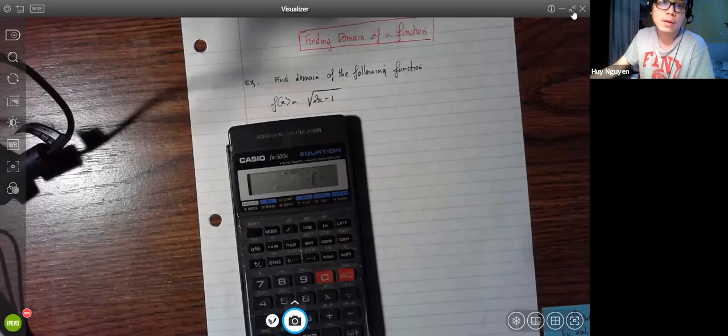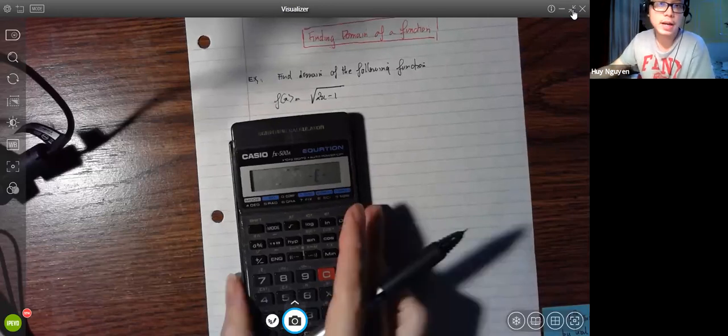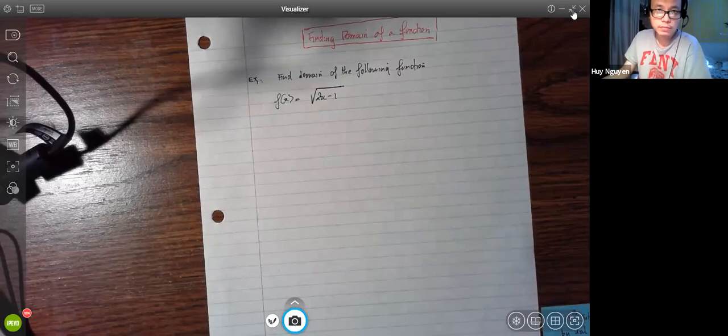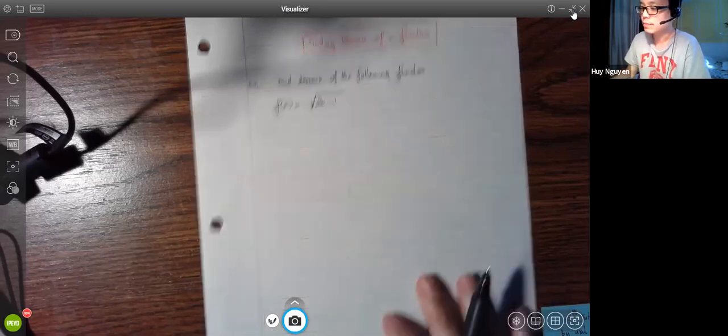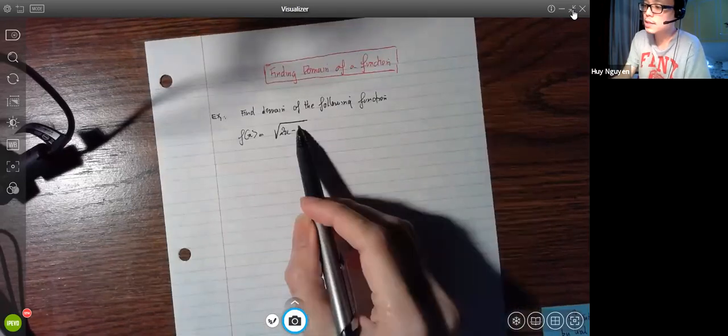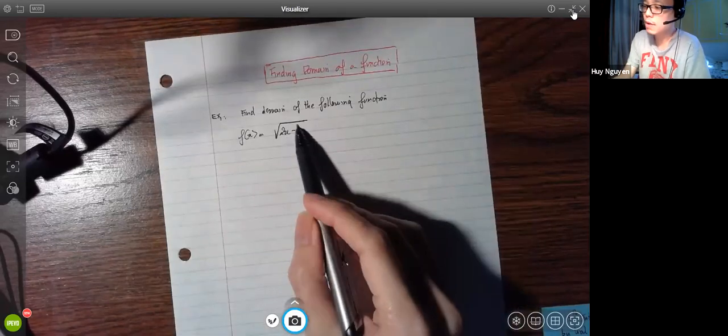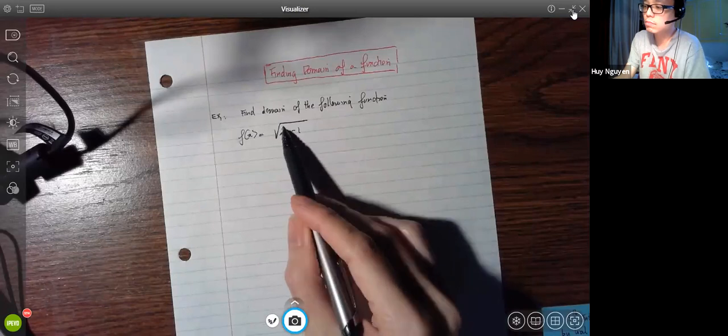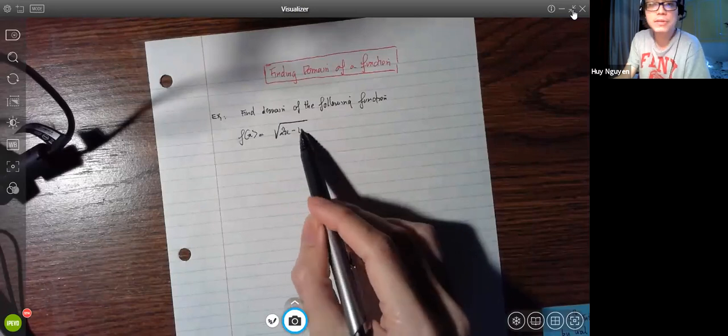Imaginary doesn't work. When you take the radical of a number, it should be a positive number. Negative numbers don't work. Remember that. So it means that everything inside the radical must be greater than 0.